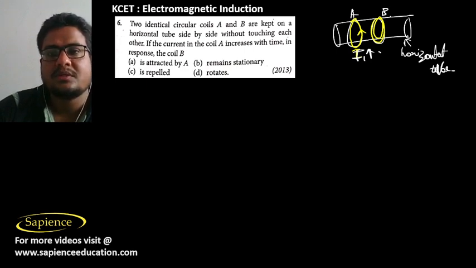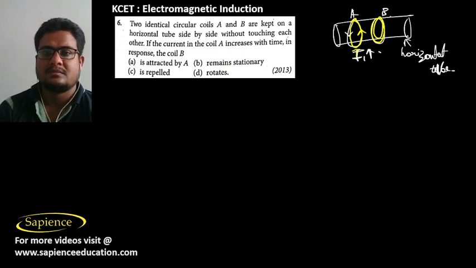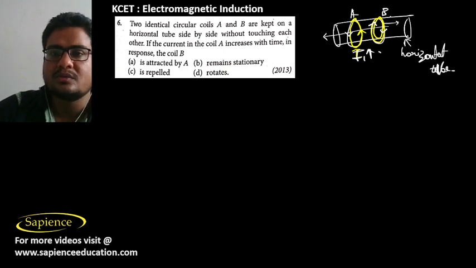If the current is flowing in this direction, then the magnetic flux will increase towards the left. So it means that here the current should flow in the opposite sense, so that the magnetic field due to the induced current should be towards the right.